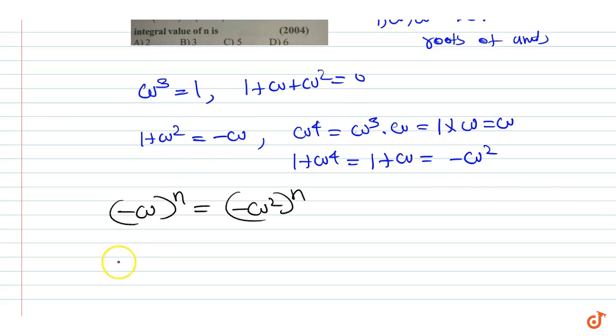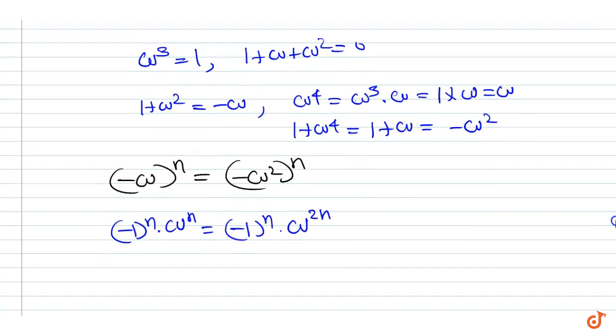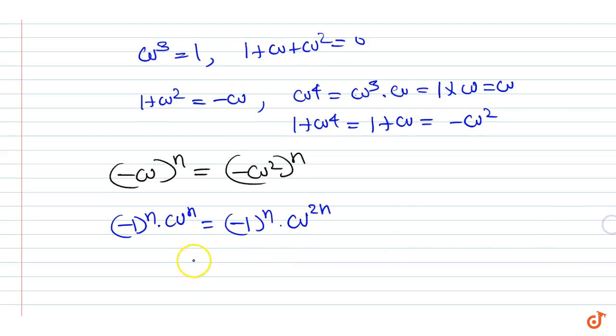Or we can write (minus 1) to the power n into omega to the power n equal to (minus 1) to the power n into omega to the power 2n. This gives omega to the power n is equal to omega to the power 2n.